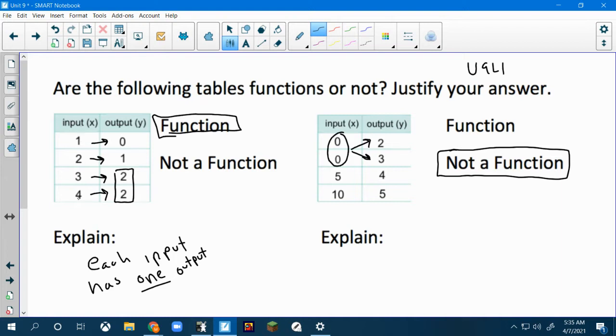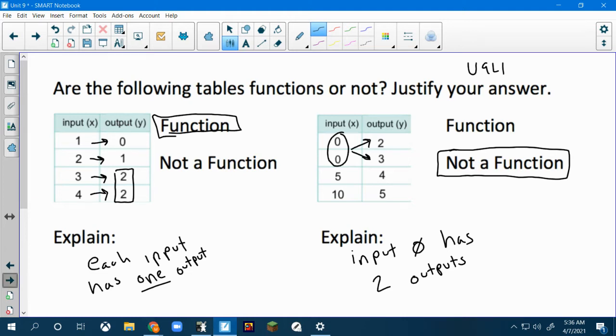And different inputs can have the same output. Unfortunately, same inputs cannot have different outputs. Input 0 has two outputs. So it makes it not a function.